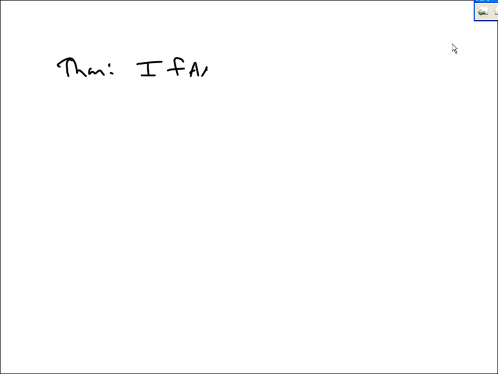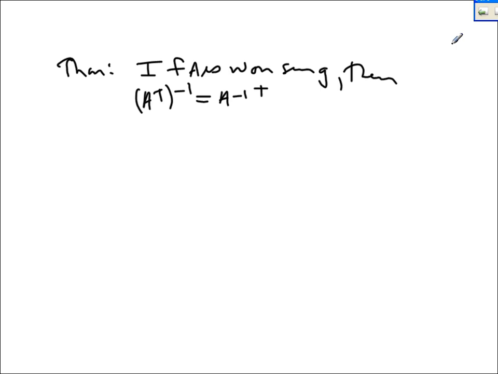If A is non-singular, then A transpose inverse is A inverse transpose. Okay, proof. Go by definitions.